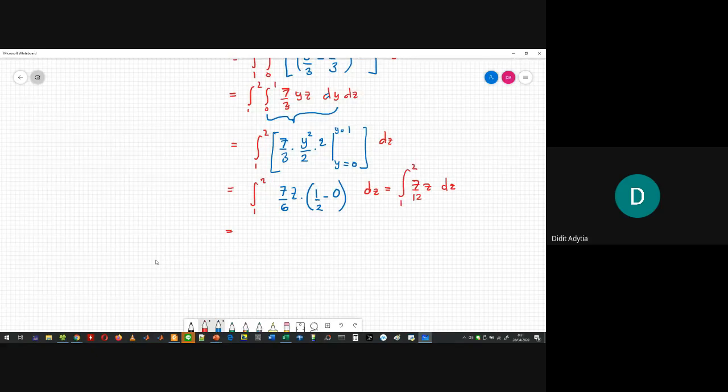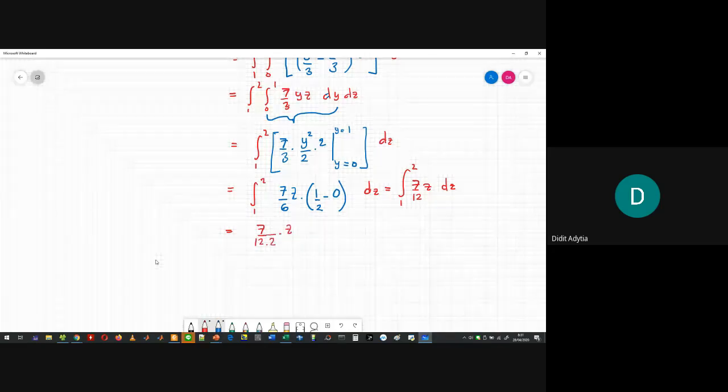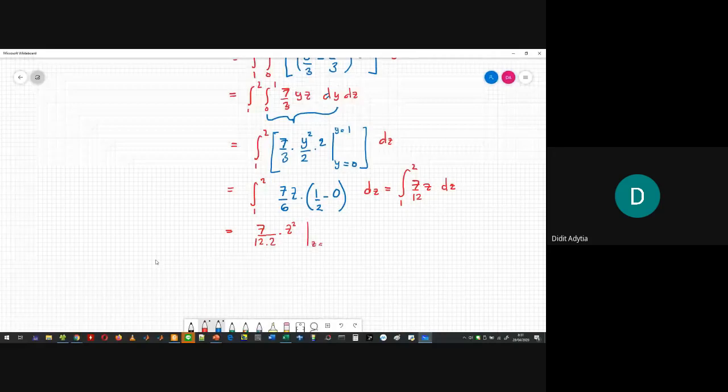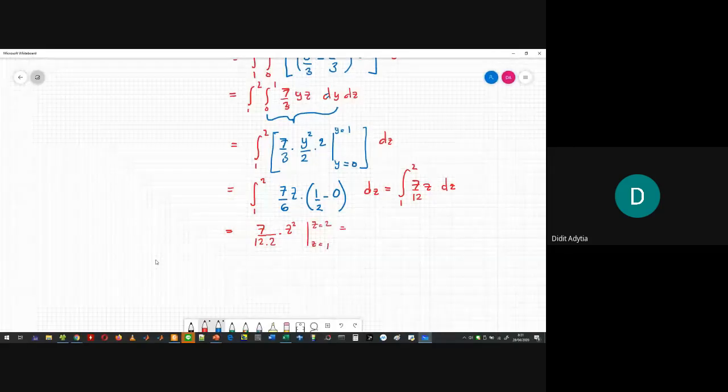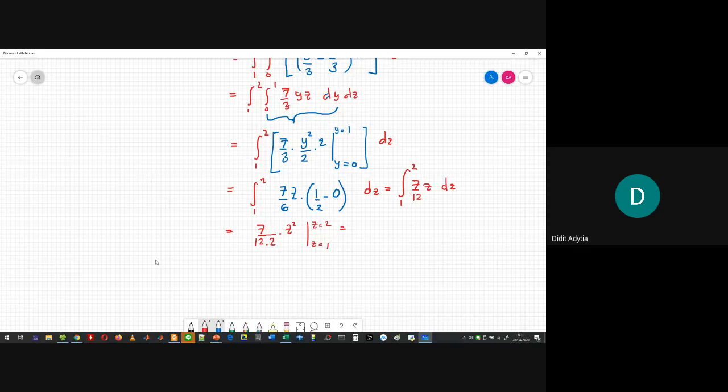Okay? 7/12 jadinya berapa? Diintegralkan z, 7/12 dikali 1/2 dikali dengan z square. And then z is from 1 to 2. Okay? Ya, benar gak nih? Harusnya benar ya? Benar ya? Yeah, that's correct. Most probably.